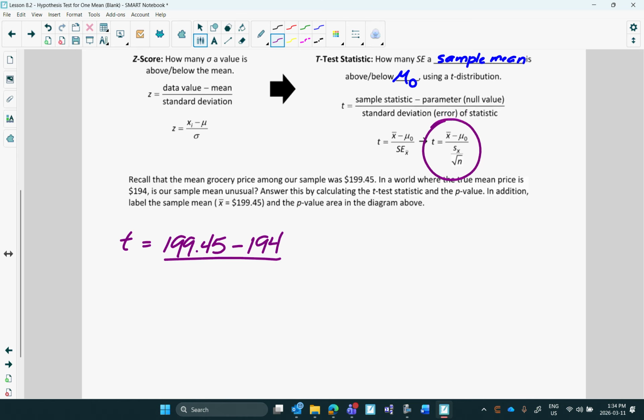And that error was the sample standard deviation divided by the square root of the sample size, which worked out to 4.67. So that means t is going to be approximately 1.17 standard errors away.